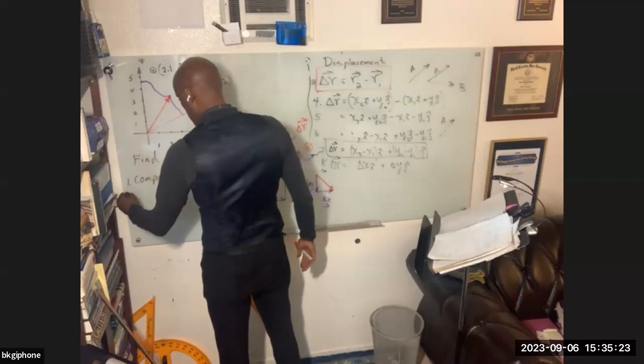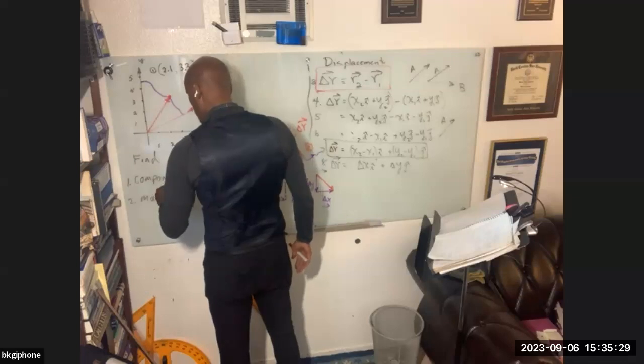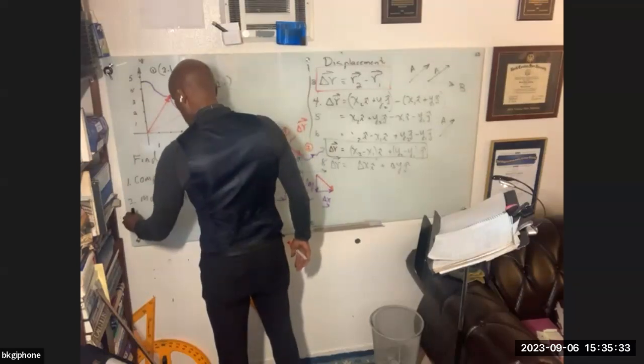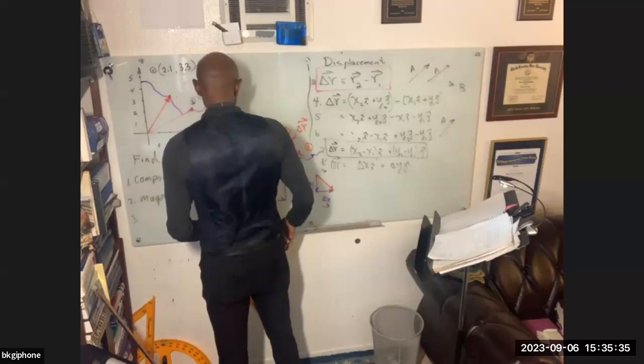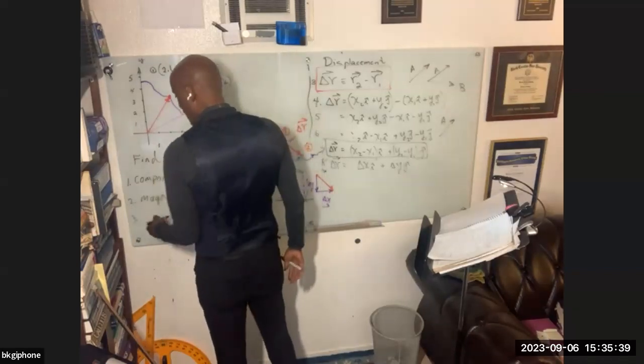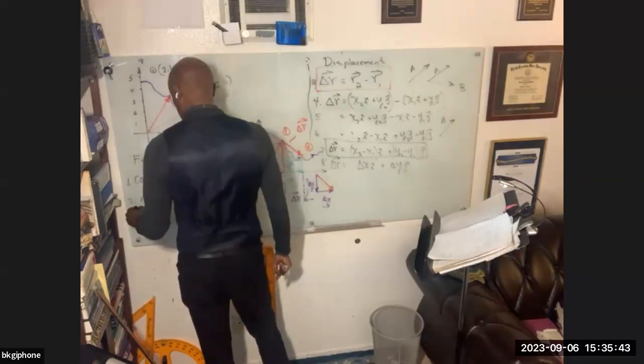Then give me the magnitude. And then give me the direction. So you can remember that. And by direction, I mean the angular position relative to the x-axis, the angle that it makes with respect to the positive x-axis.